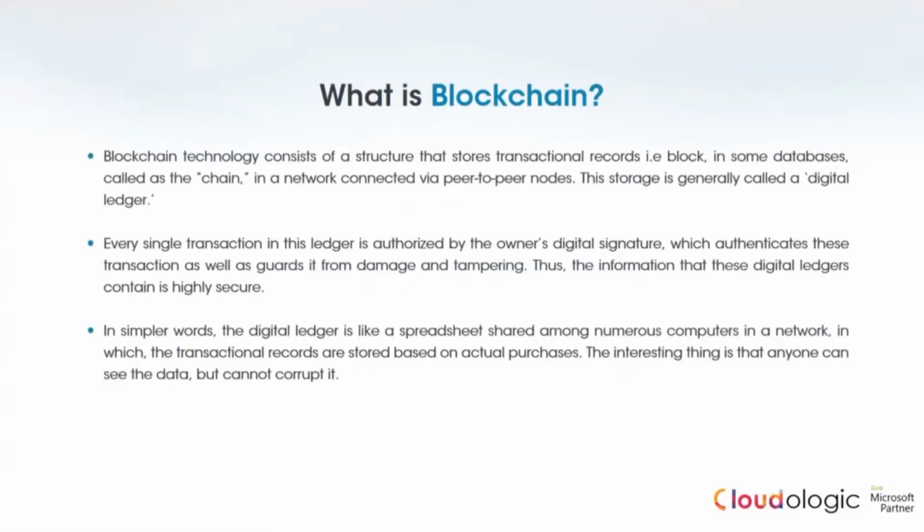The first topic is: what's a blockchain? Blockchain consists of a technology and a structure that stores transactional records. It's basically a distributed database that is shared among the nodes of a computer network. As a database, a blockchain stores information in digital format.